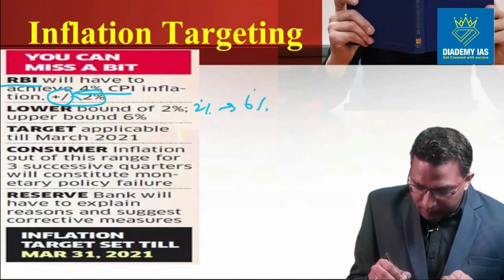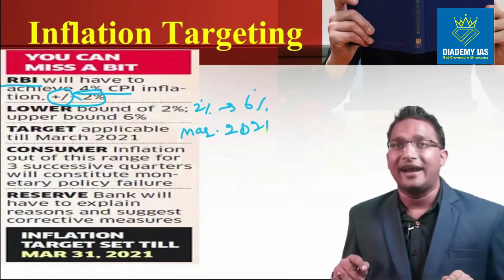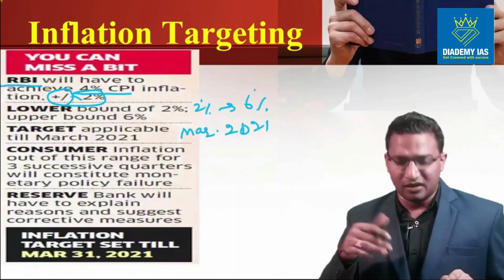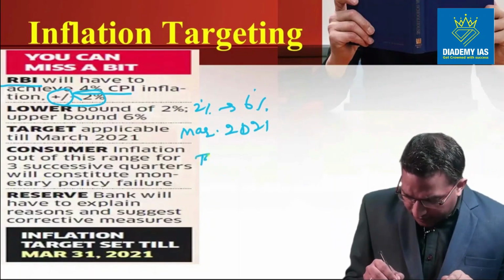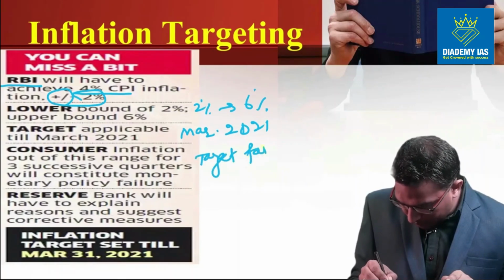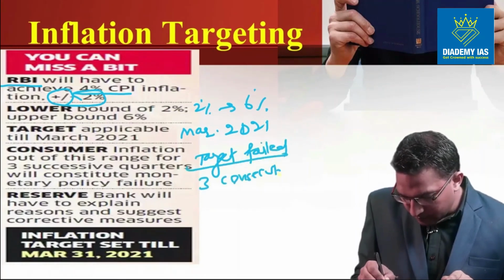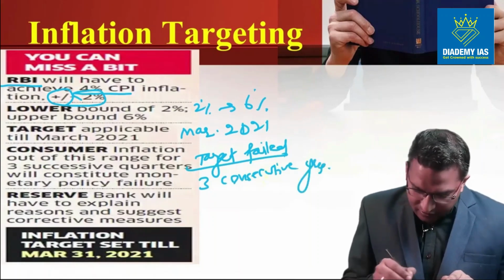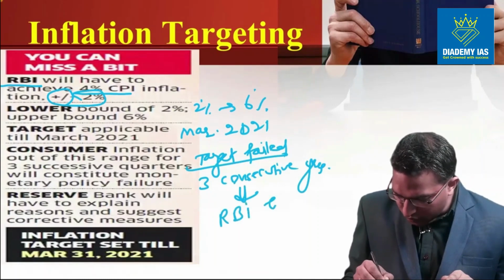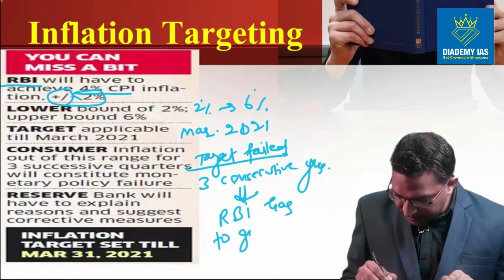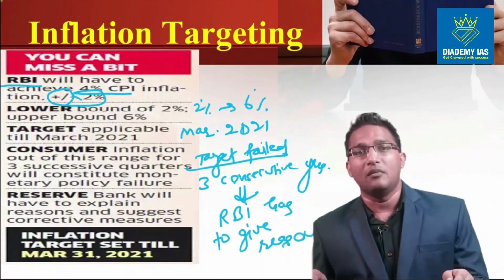The target will be applicable till 2021. As I told you, this is a medium term framework. If the consumer inflation target is failed for 3 consecutive years, then the government will ask the question from the RBI, and the RBI has to give the reasons and take suitable steps to come out of the situation, right?